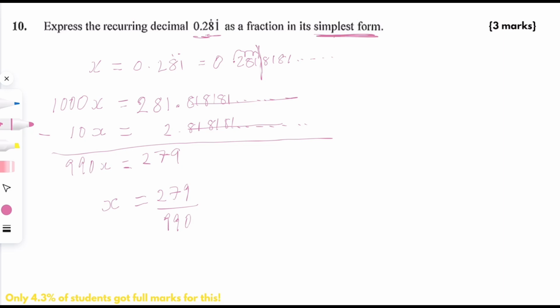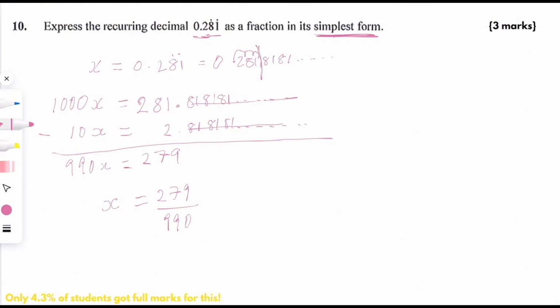So looking at the numerator and denominator, can we divide this further? Now, a trick I learnt is if you add the digits of a number and it's equal to a multiple of 9, then it could be divisible by 9. So looking at both the numerator and denominator, I know I could divide both of them by 9.